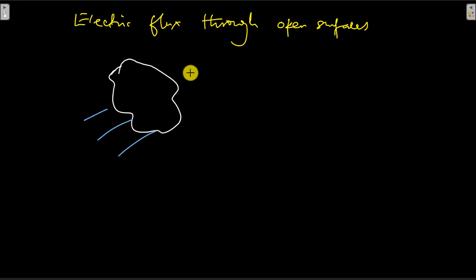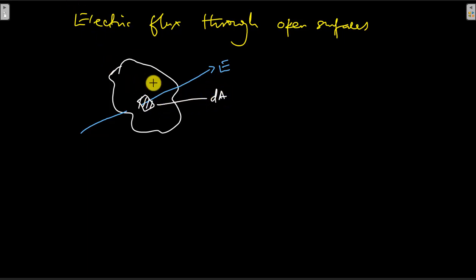So there comes our electric field in that direction. Now, to avoid exaggeration, I'll only draw one electric field line to represent all the other electric field lines. So there's our electric field. And let's suppose that it is passing through a certain element of the area. Let's call that area dA.